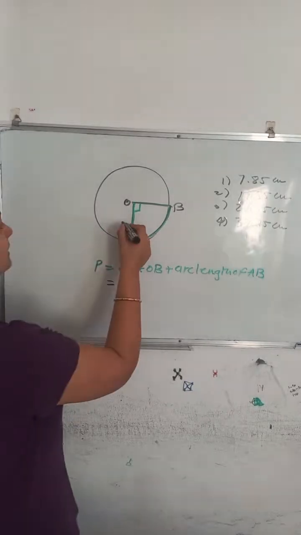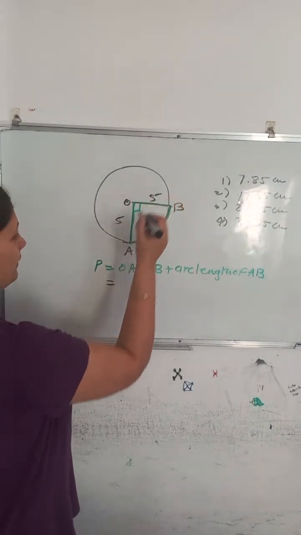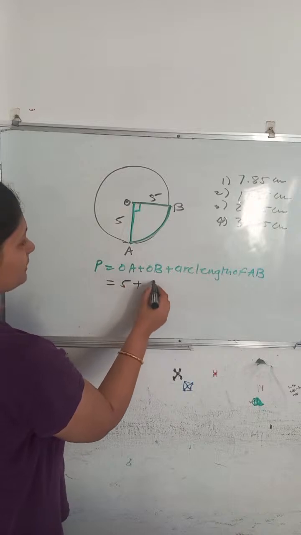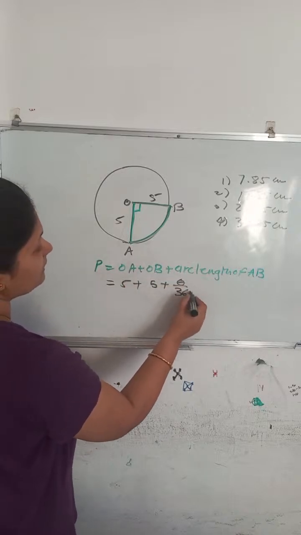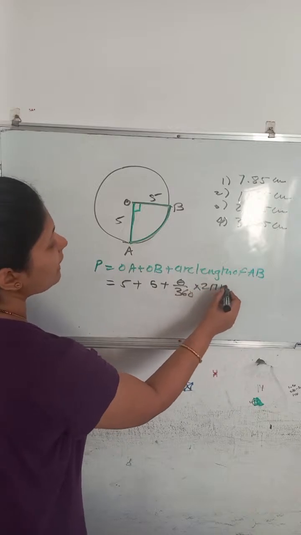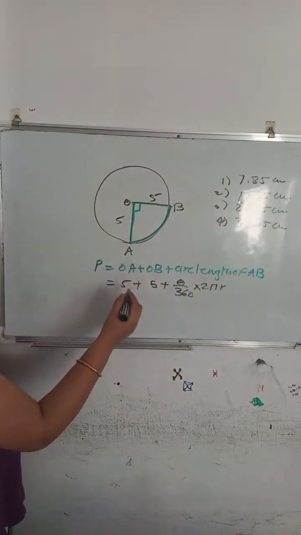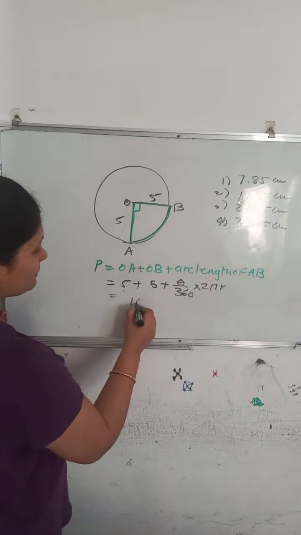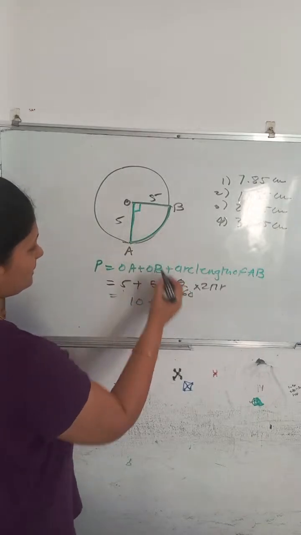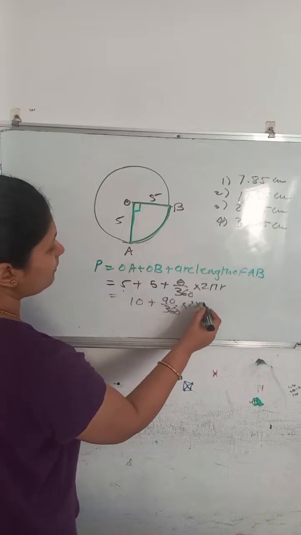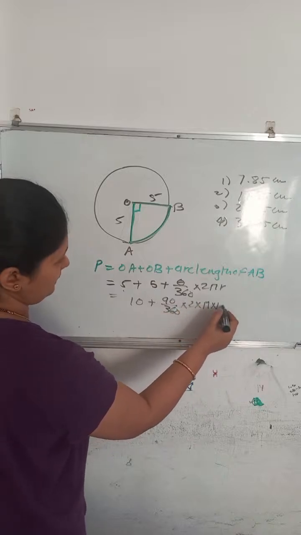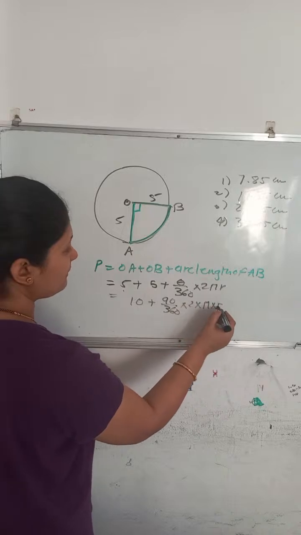Then radius is nothing but 5. So 5 plus 5. Arc length is nothing but theta by 360 into 2 pi r, for the entire circle. So 5 plus 5 is 10. Theta is here 90 by 360, into 2 into pi and into 10. I will keep r, which is nothing but here 5.